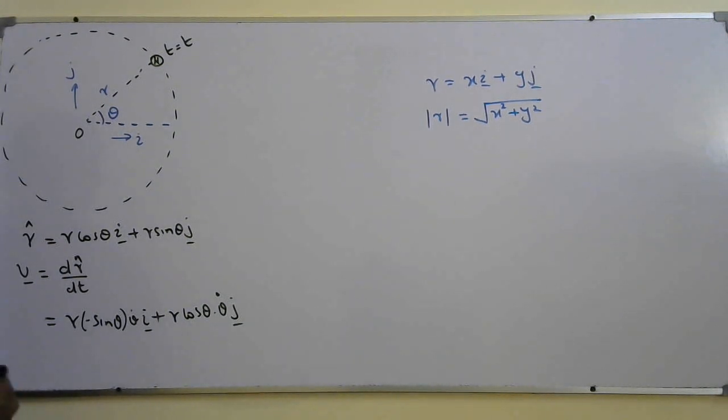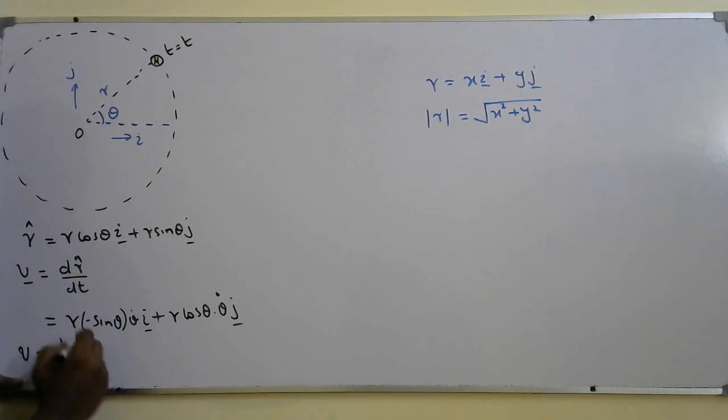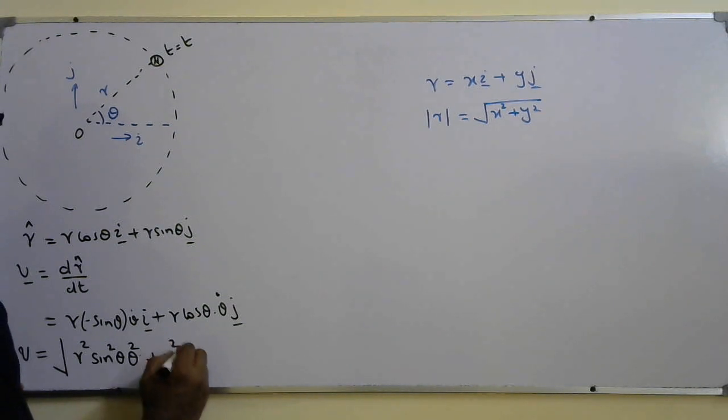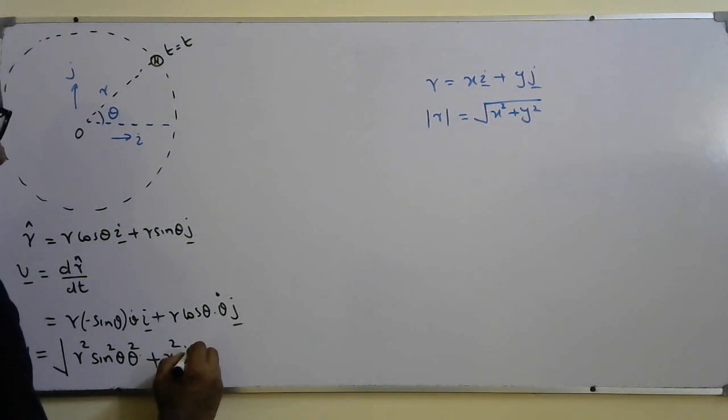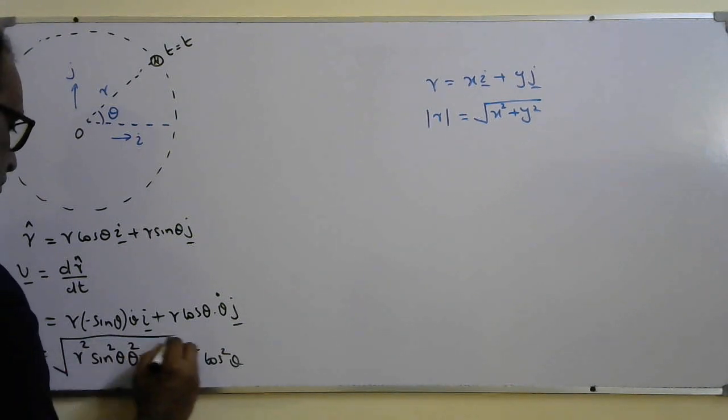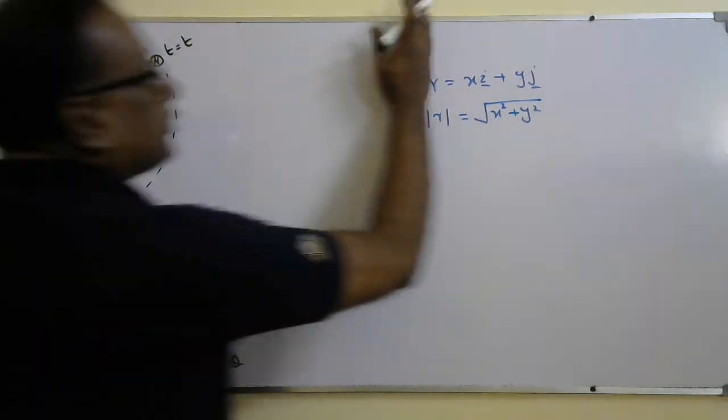So the speed is equal to the square root of r squared sin squared theta, theta dot squared, plus r squared theta dot squared cos squared theta.